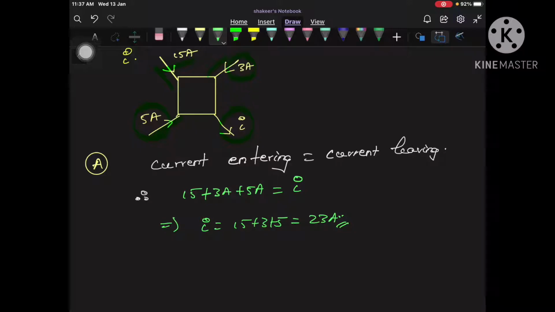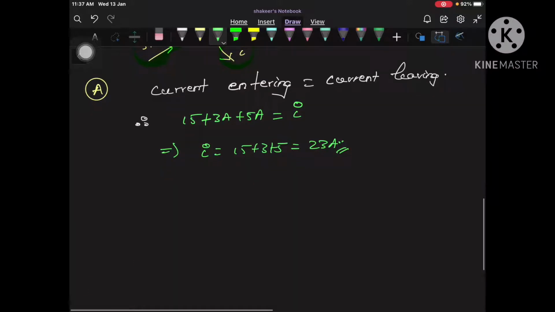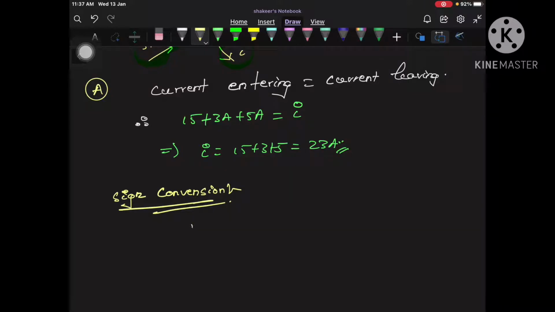Now here we can have certain sign conventions also. What sign convention can I have? I can assume current entering the junction to be positive.